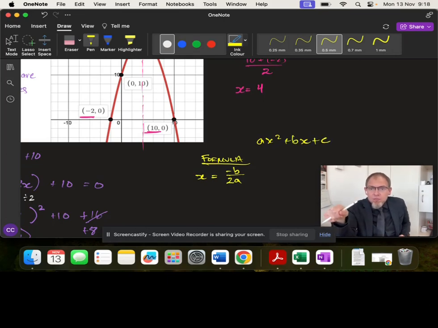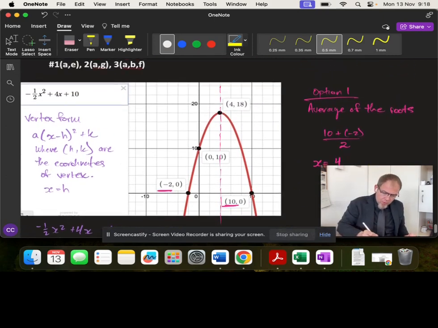If we can remember that formula, I give that formula to you on assessments, you get that formula in the IB program, then you can take anything that's in this form here, and finding the axis of symmetry is really simple.